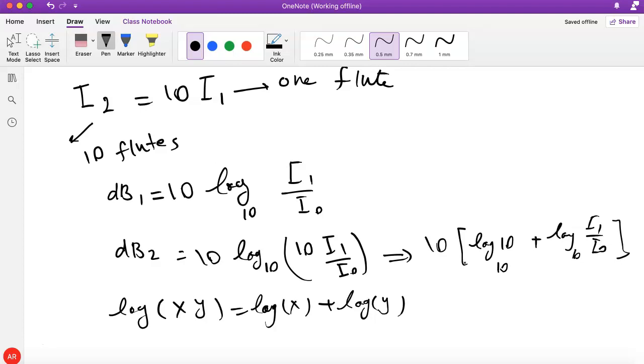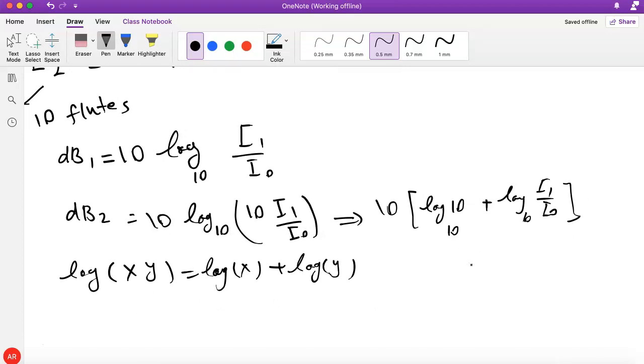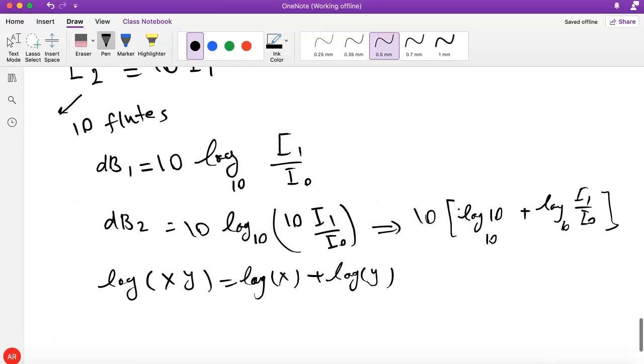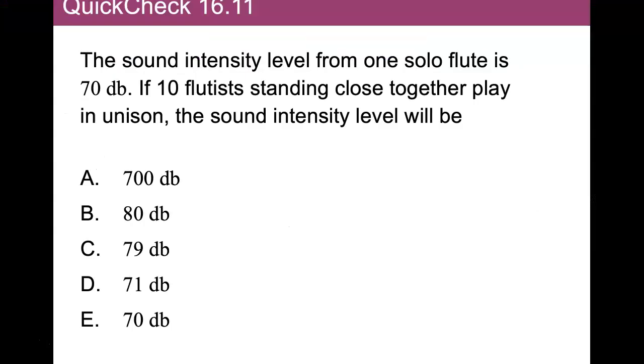Right, so multiplying the intensity by a factor of 10 adds to the decibels, because 10 times this is the original decibel. So here we just get an additional 10 times log 10. And 10 is 10 to the power of 1, so log 10 in base 10 is 1, right? So we should be adding 10 to our decibels.